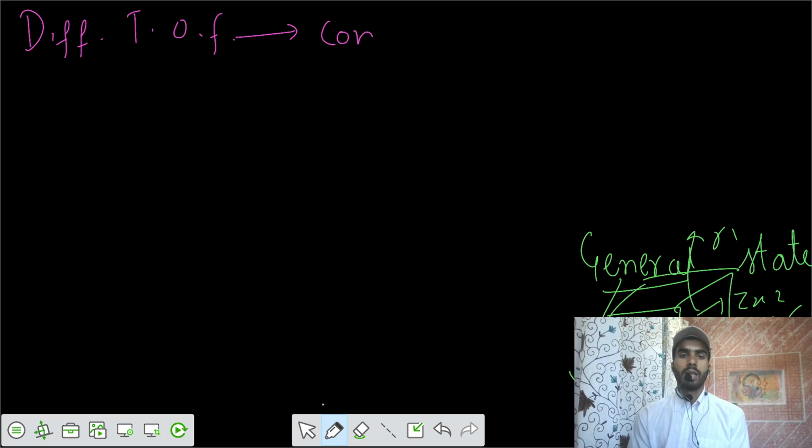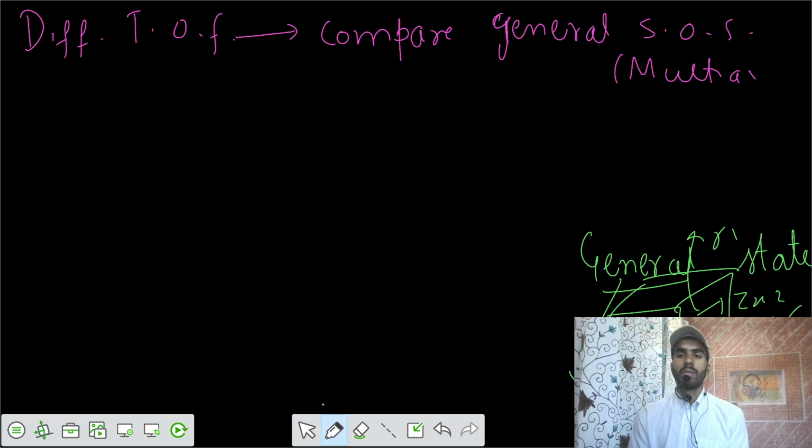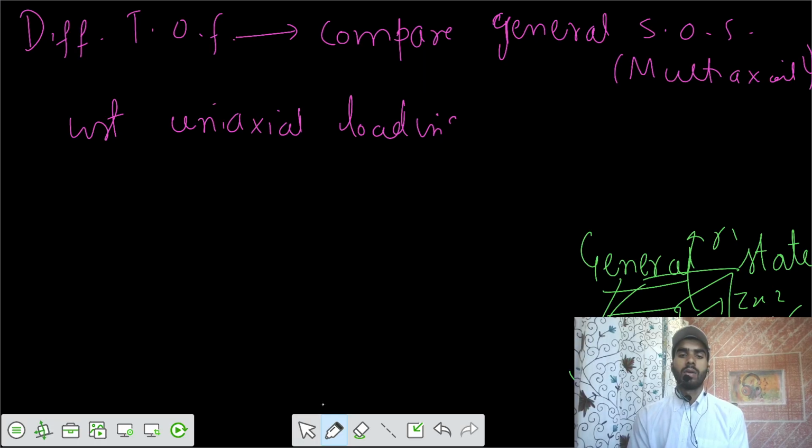What do they do? They compare the general state of stress, that is multi-axial loading, with uniaxial loading. They select a material and perform uniaxial testing.